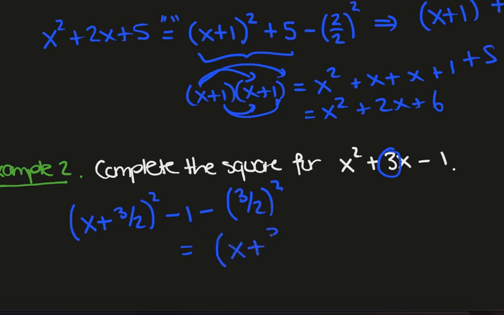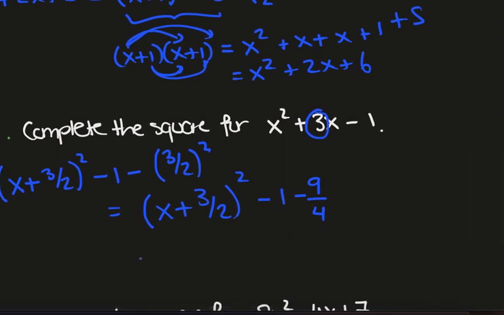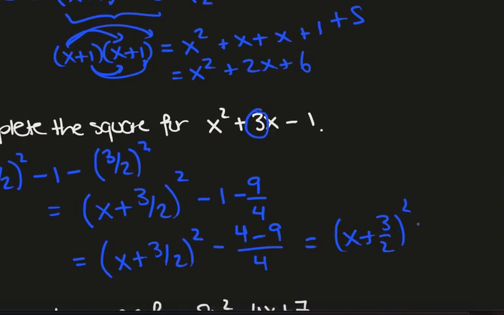So now what we have is (x plus 3 over 2) squared minus 1 minus 9 over 4. And if we do the fraction, it's minus 4 over 4 minus 9 over 4. So we have (x plus 3 over 2) squared minus 13 over 4.